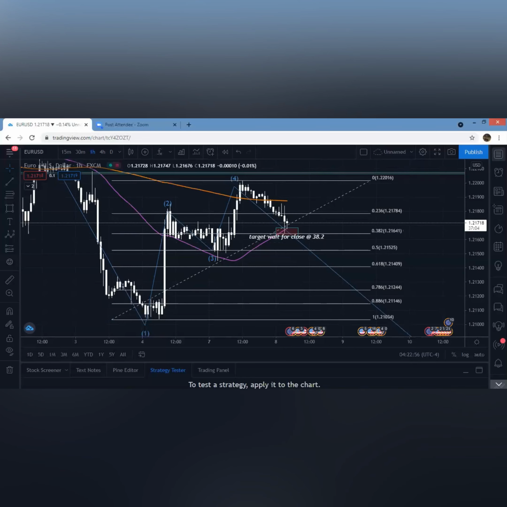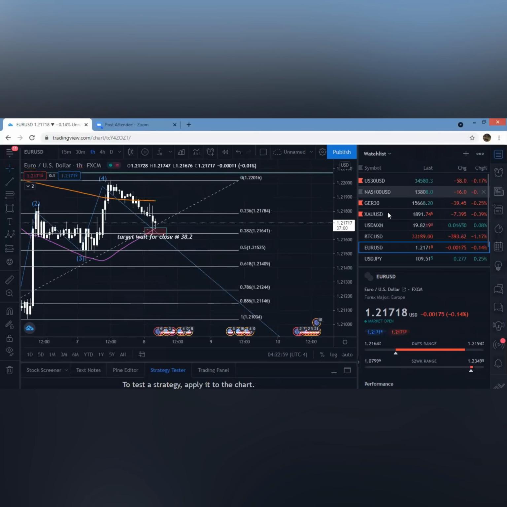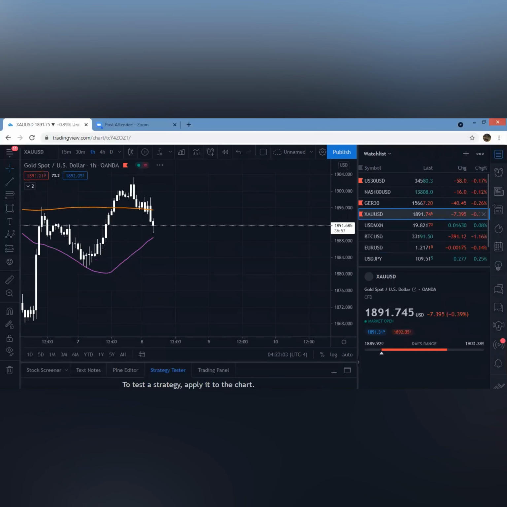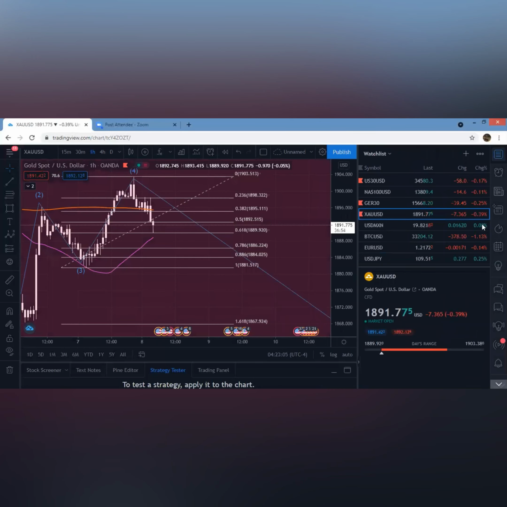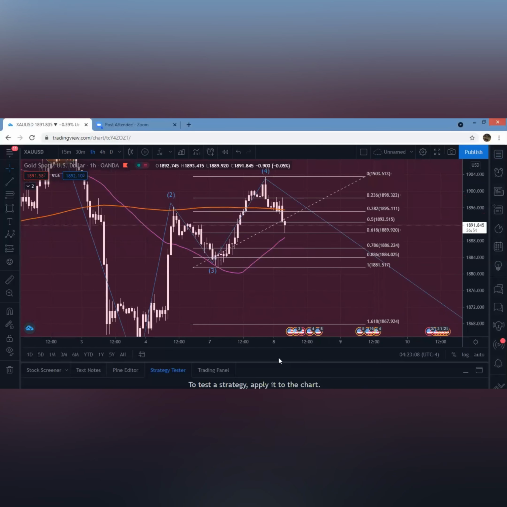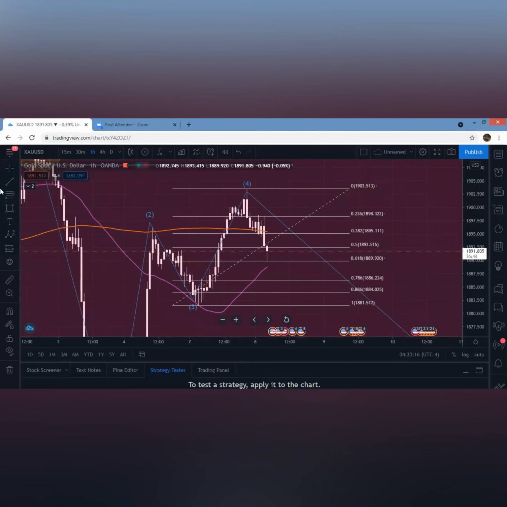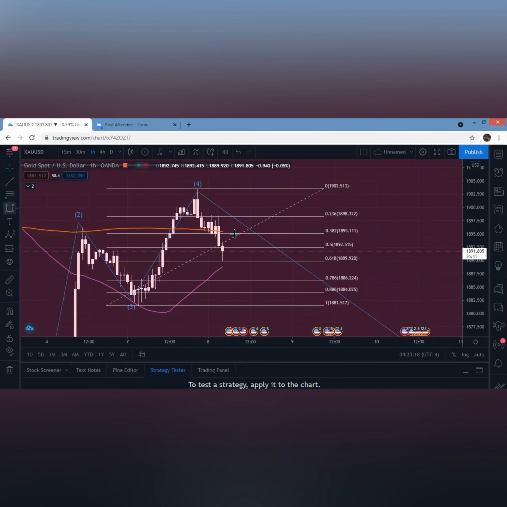So let me go back to my gold so y'all can see that. Actually, I want to mark that up. So, like I said, you got this zone here, 23.6 to 38.2.